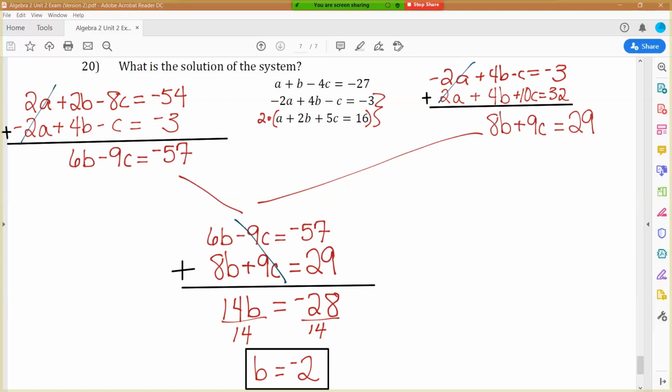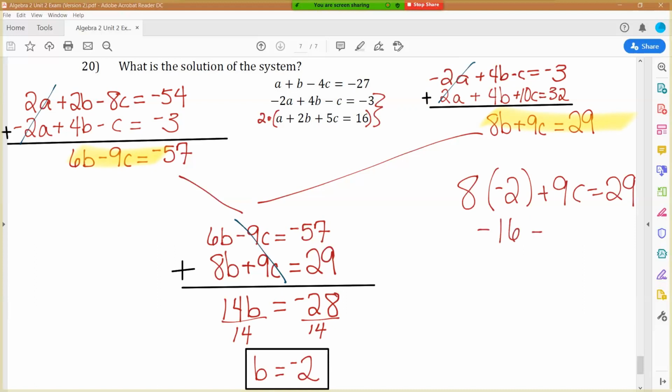So we found b. Once you find b, you get to go back to one of these two equations. So you're going back to one of these two, and you're going to plug in b to find c. Doesn't matter which one you plug into. I would probably plug into the one on the right because it's positive. So 8 times negative 2 plus 9c equals 29.